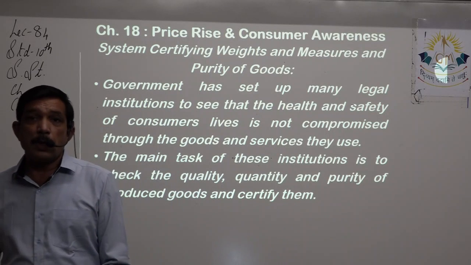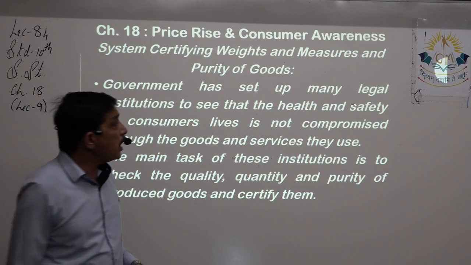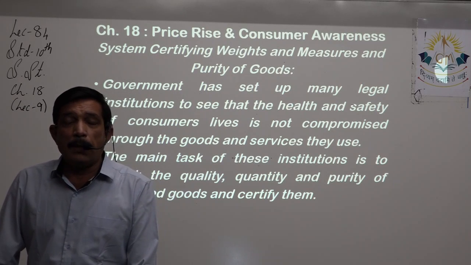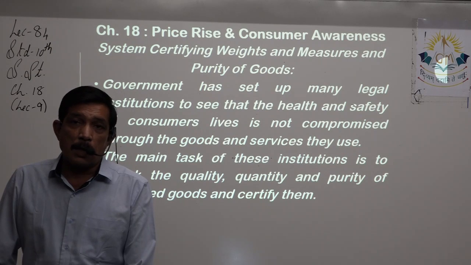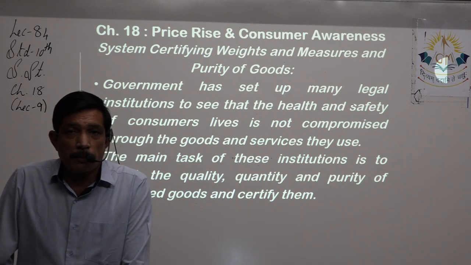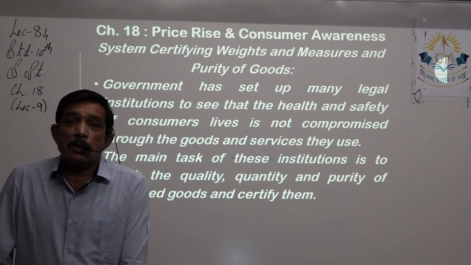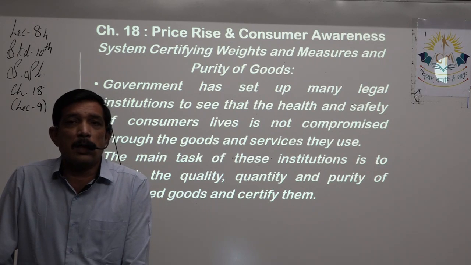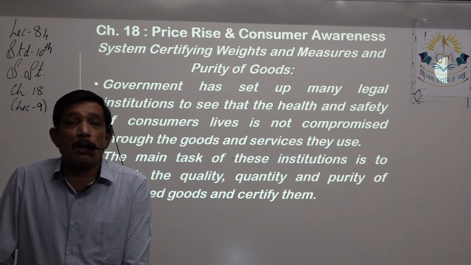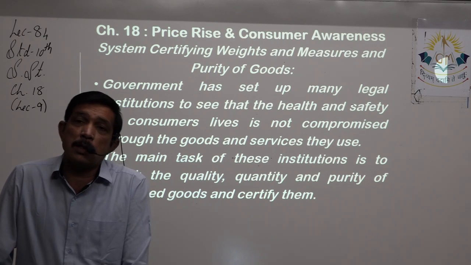These are the most prominent ways in which a consumer is exploited or cheated. The system of certifying weights, measures, and purity of goods: if this is done by the government, then the consumer becomes relaxed, knowing that after every interval there is some way to certify the measuring tools, weighing tools, scales, etc. Something certifies that this product is pure and good, or that it is made under the norms and conditions laid down by the government, and is of good quality.